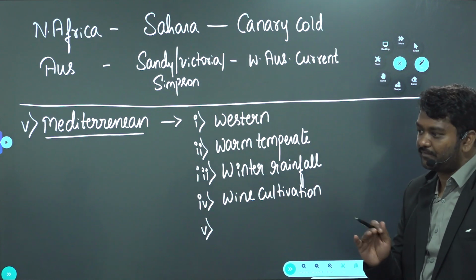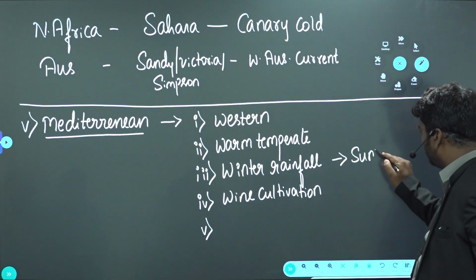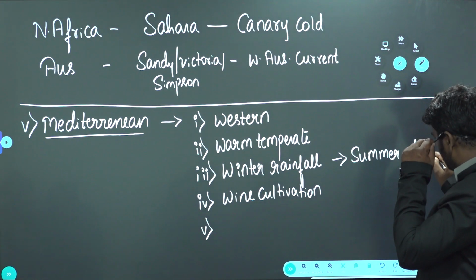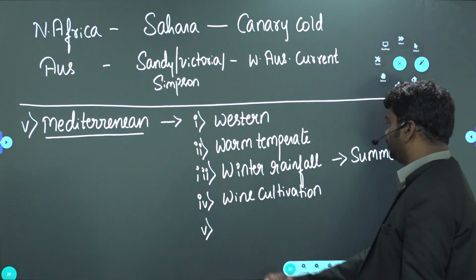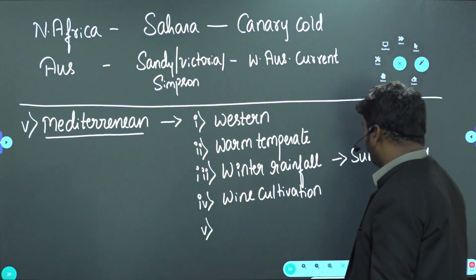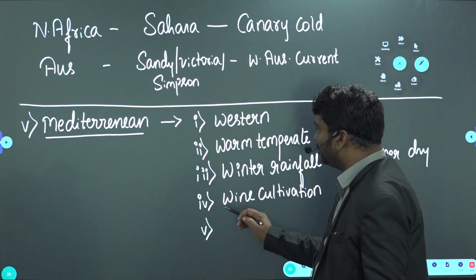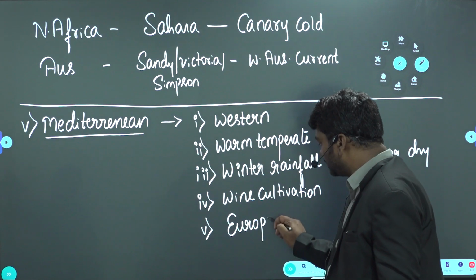Summer dry. Okay. Winter rainfall. Summer dry. Wine cultivation. And this region is where most of Europe is present.